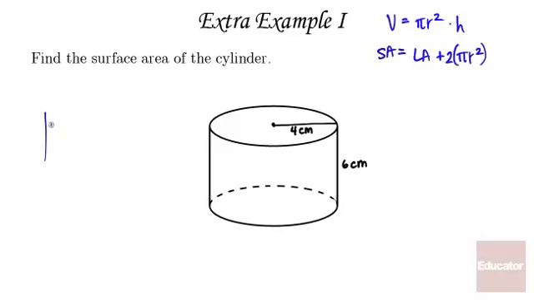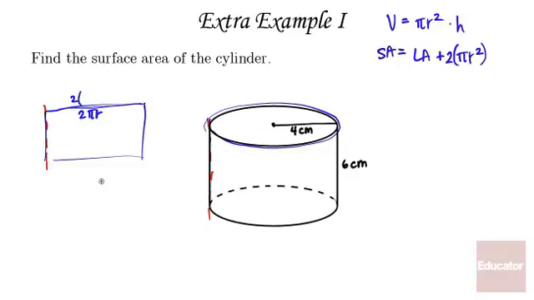Again, remember lateral area? We're finding the rectangle, that label. So if we cut it here, then it's as if we're cutting it here. Then we need to find this measure here, which would be this measure there, which is the circumference. The circumference is 2 pi r. That's 2 times 3.14 times the radius, which is 4.